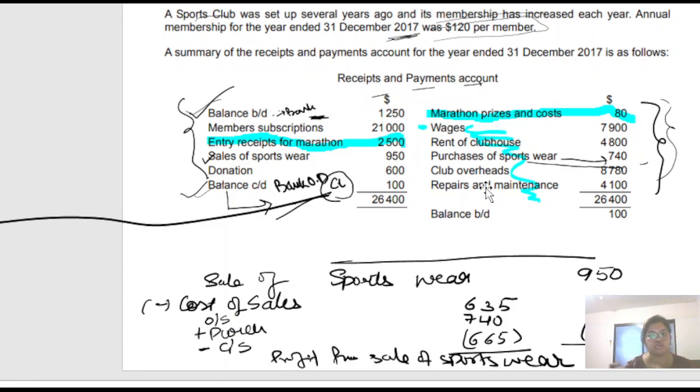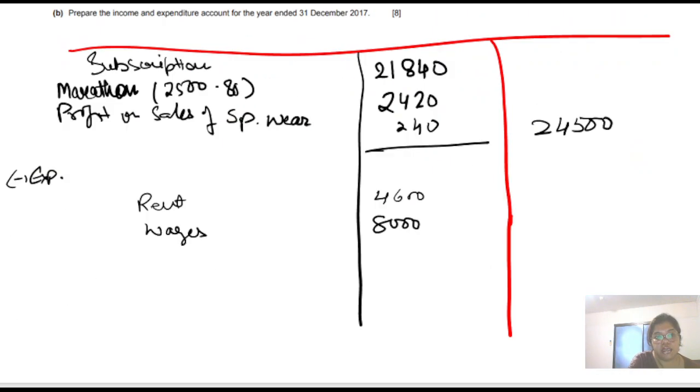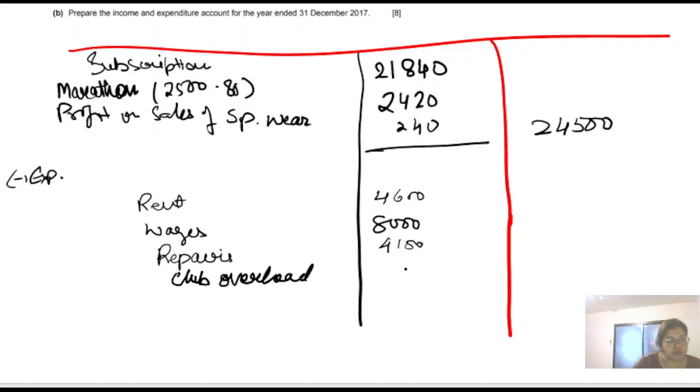Because we don't have any other information related to these expenses, we can write these two values directly in our income and expenditure account. So we write here repair, that is 4100, and then club overhead. You know the meaning of overhead. Overhead means expenses, 8780.